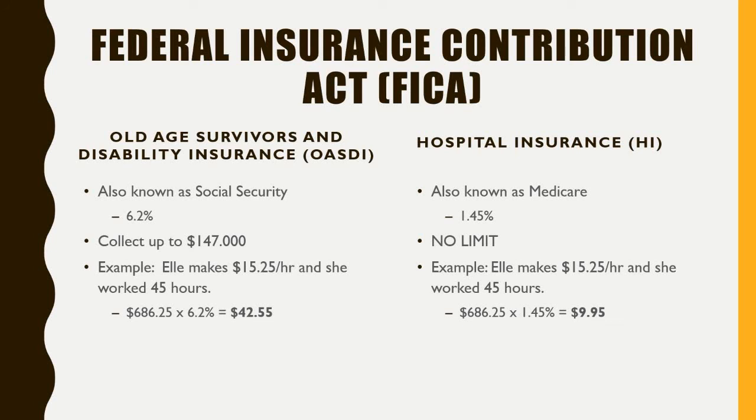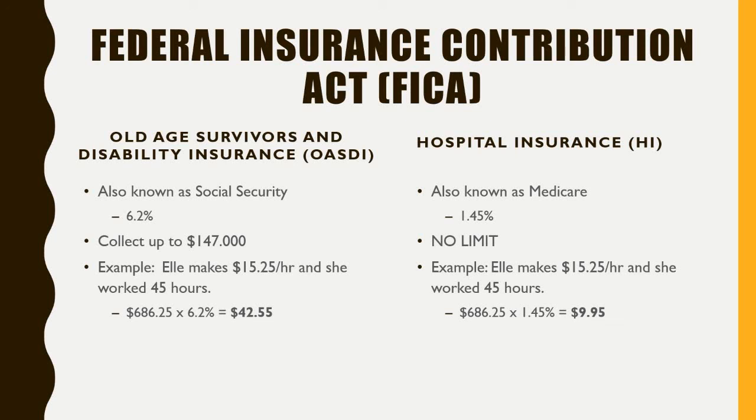This is based on your gross earnings. So if Elle earned a total of $686, you're going to take that 6.2% to figure out how much of her paycheck is going to go towards her own Social Security. And it's going to be $42.55. So again, this is Social Security. It's 6.2% of your paycheck.